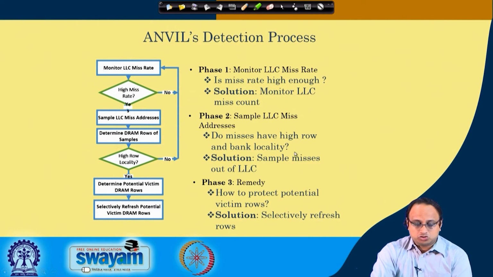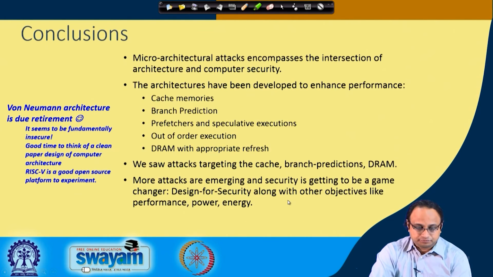You can sample the misses out of your LLC, and the moment you have a suspect, you selectively refresh the rows. That would thwart the basic idea behind row hammer, because the row hammer bug works because our access is faster than the refresh cycle. So, if we can refresh it, then it will not work, and therefore we can protect against the attack.